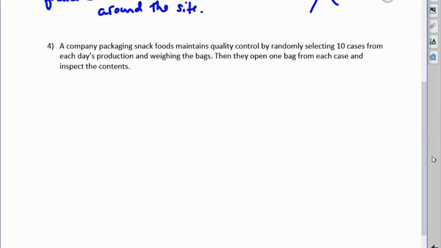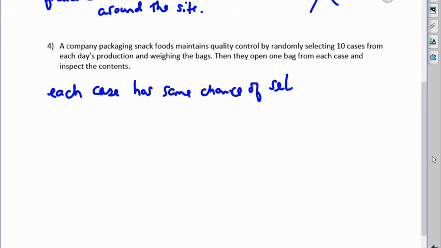So this, to me, if they've got all their cases labeled, and each case has the same chance of being selected, then what I see them doing right here is a simple random sample.